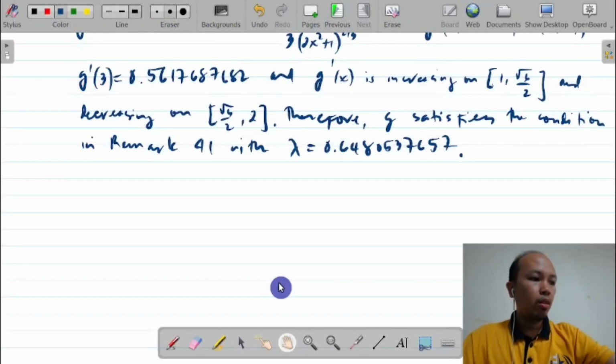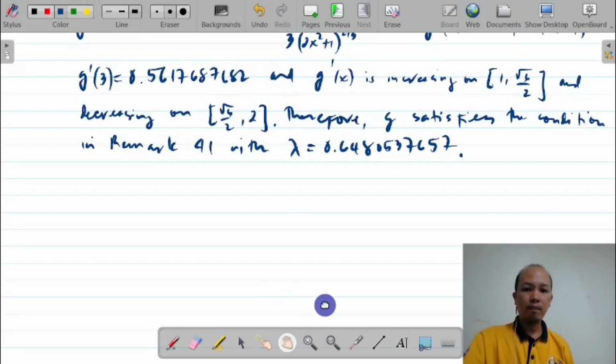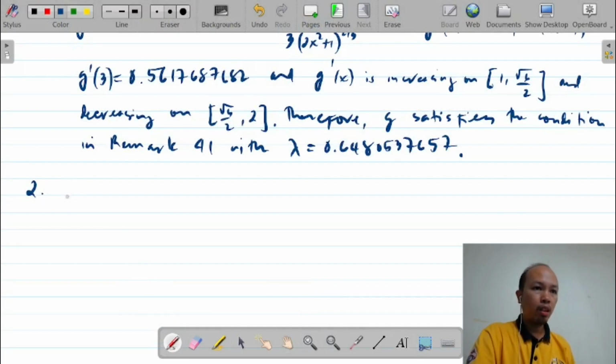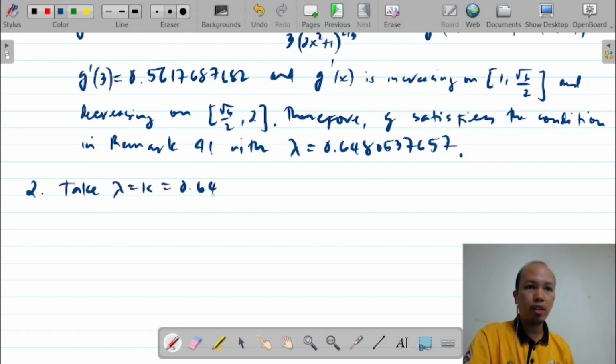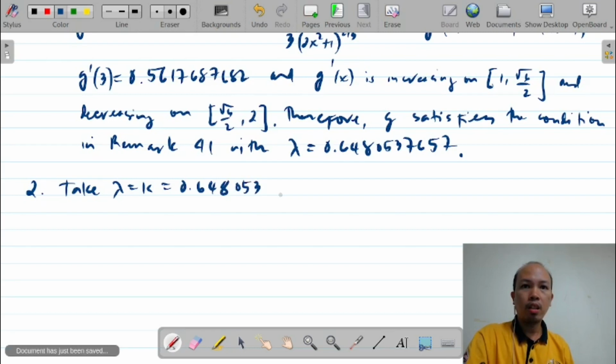Okay, so let's go to our open board. For number 2, we take lambda to be equal to k, which is 0.648 0537 657.